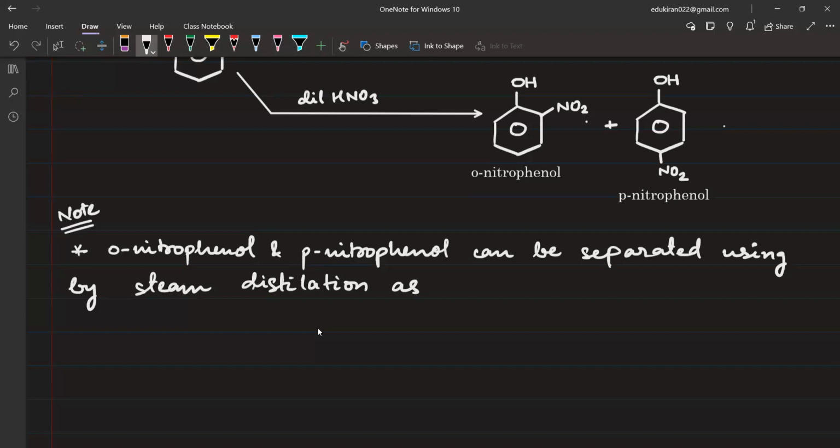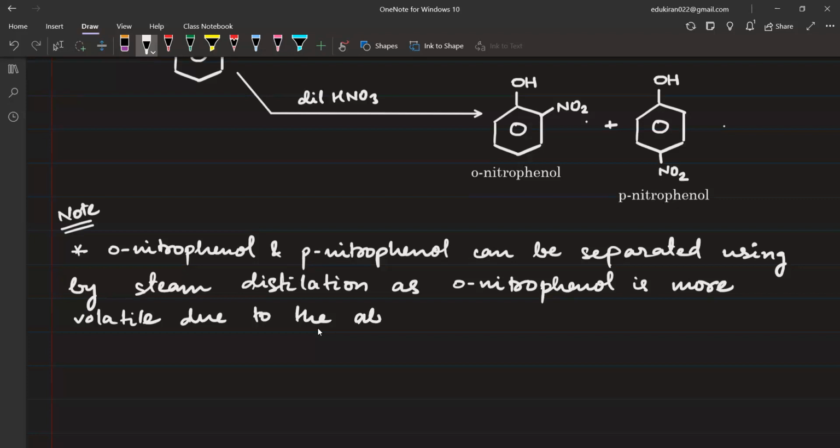as O-nitrophenol is more volatile due to the absence of intermolecular hydrogen bond.